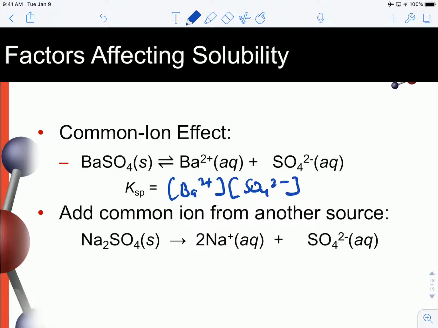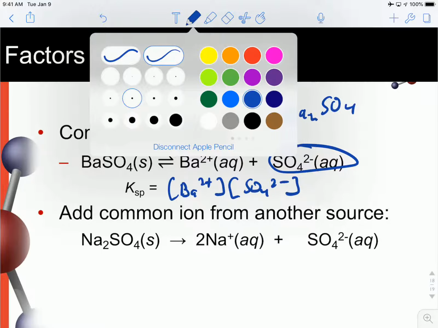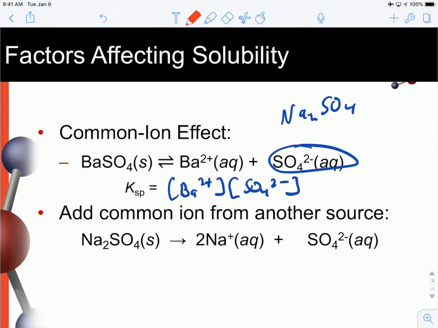And the idea here now, this ion here, if I was to add to this solution some sodium sulfate, then the presence of that sulfate ion here will decrease the solubility of barium sulfate, right? So that's what we're saying. The solubility of this will be less in a solution that contains sodium sulfate than it would be in a solution that just contains pure water.